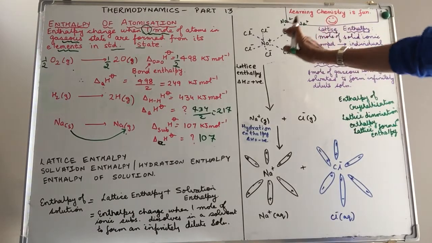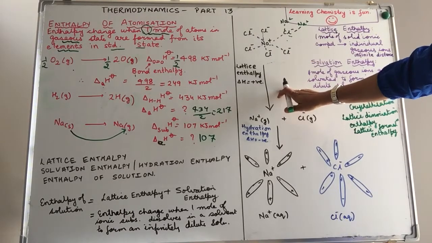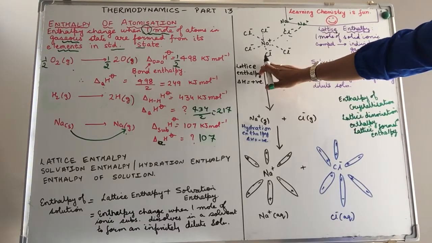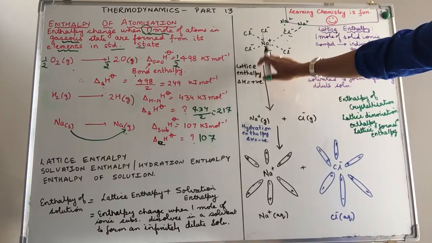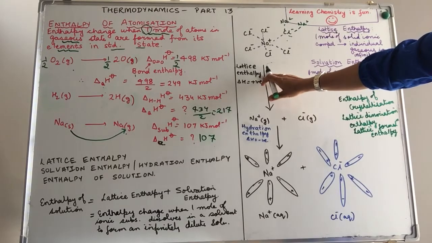Now, if I want to break this lattice, I will have to give it some energy. I will have to apply some form of energy. And that energy or heat that we have to give is what we term lattice enthalpy.